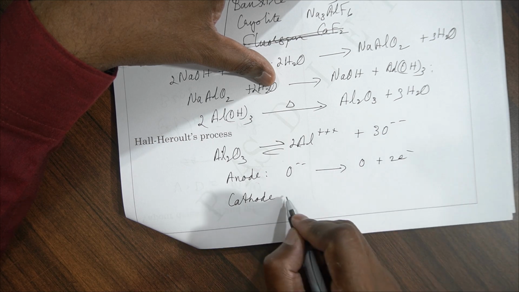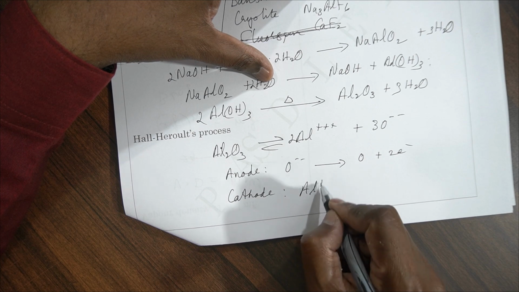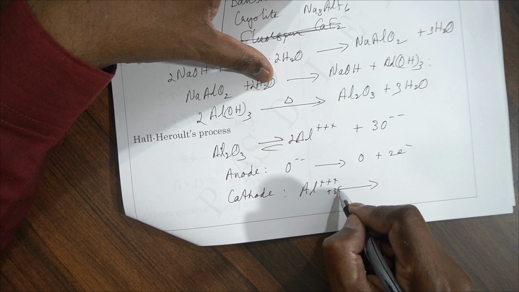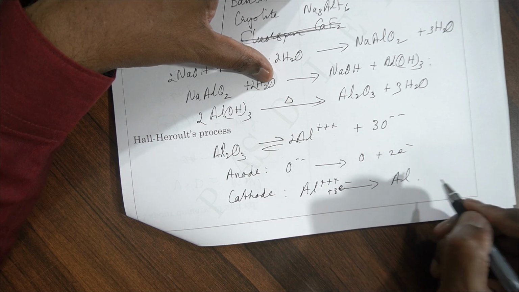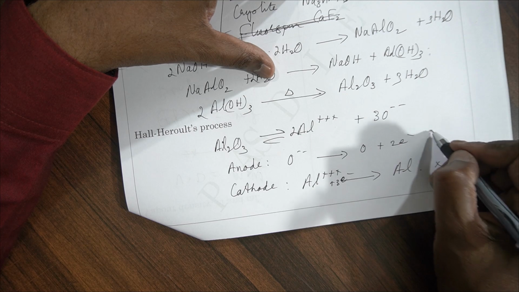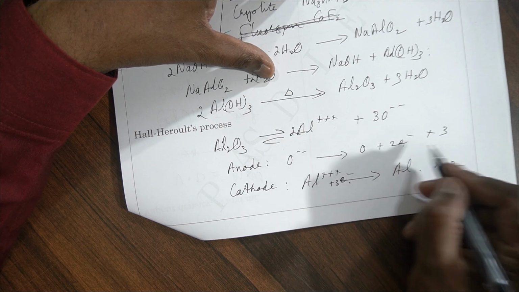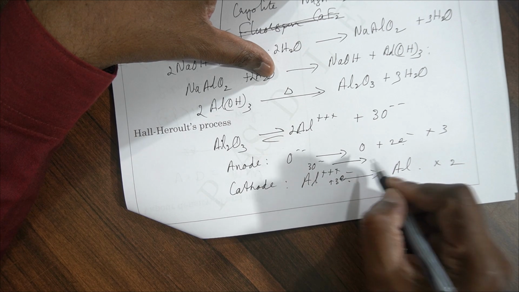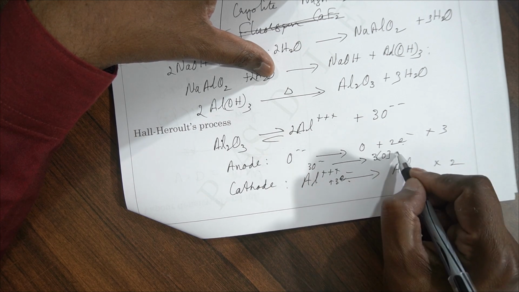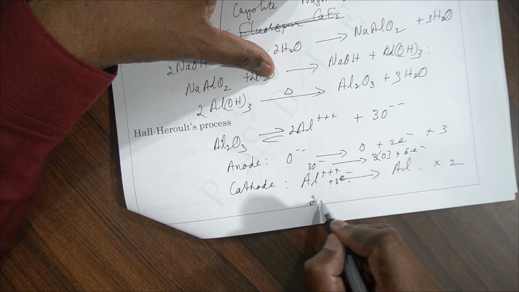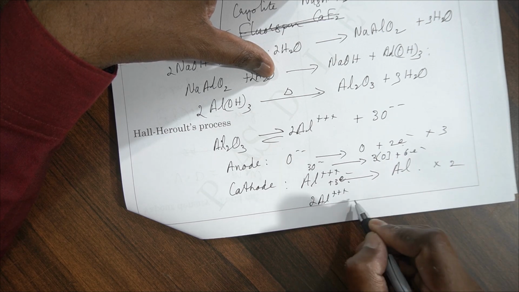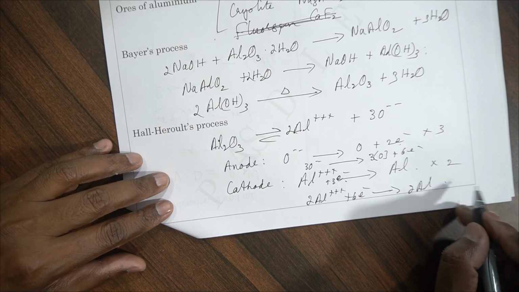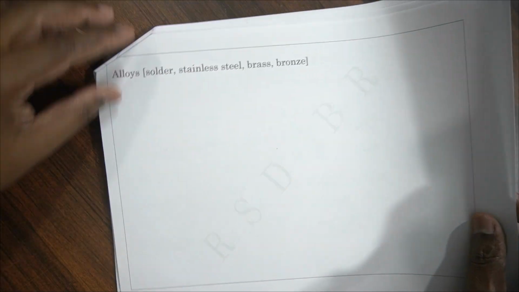At the cathode, Al3+ plus 3 electrons will give Al. Now this will be multiplied by 2 and that by 3, because of 3 electrons and 2 electrons, making 6 electrons. So 3 O2- gives 3 oxygens plus 6 electrons, and 2 Al3+ plus 6 electrons will give 2 Al. These anode and cathode reactions are important.